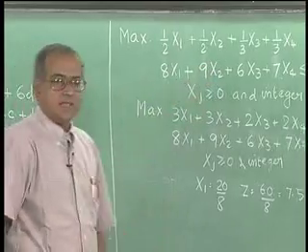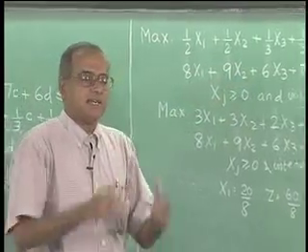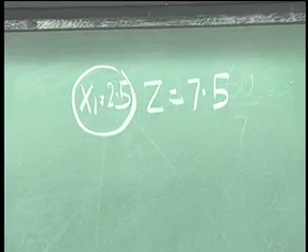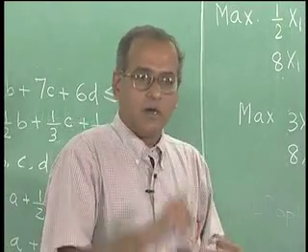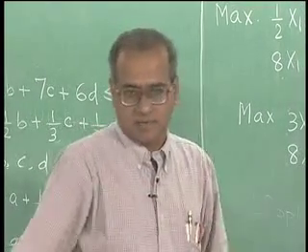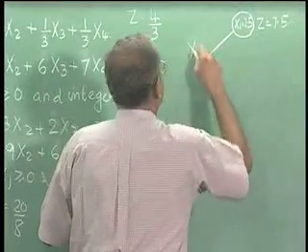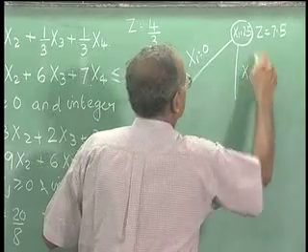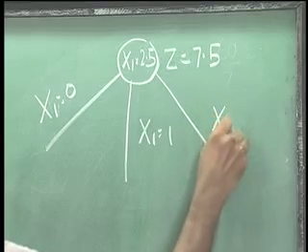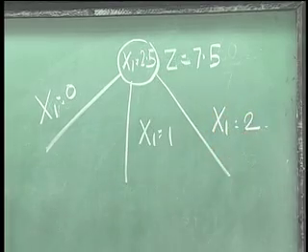Now, since x1 is equal to 2.5, in the integer programming case, x1 can take a value either 0 or 1 or 2 and it cannot take 3. So, we create 3 branches with x1 equal to 0, x1 equal to 1 and x1 equal to 2.